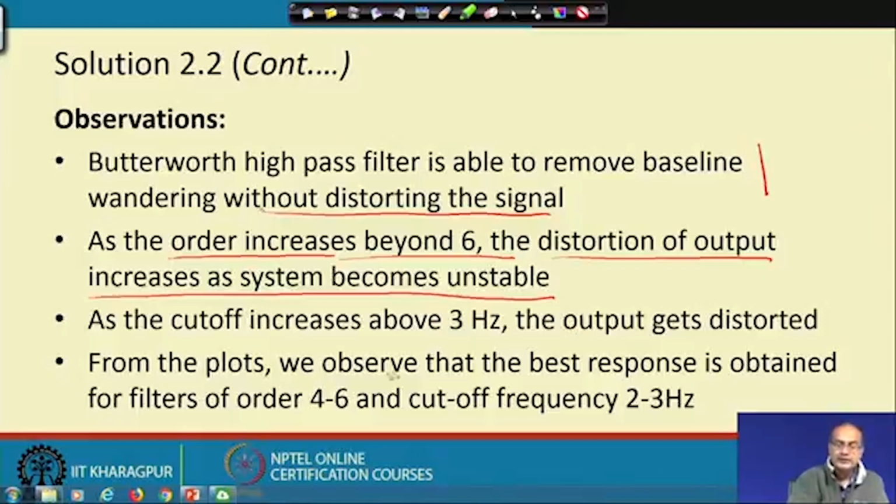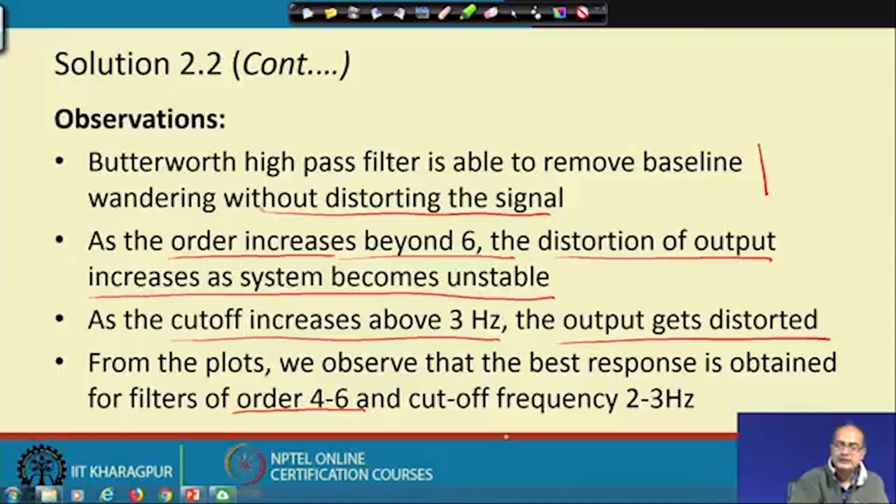Next, with cutoff frequency above 3, the output also gets distorted. In fact, the best result we could get was for the cutoff frequency at 0.5.